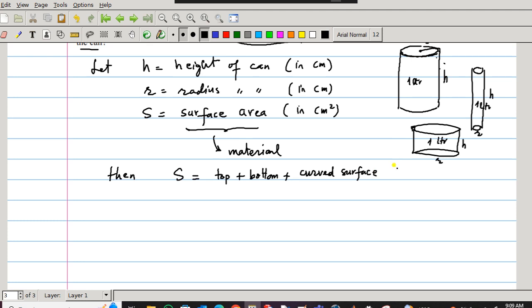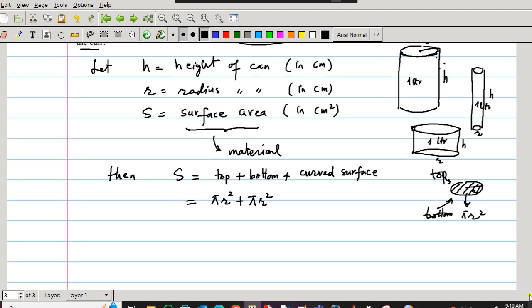So the top and bottom both have area pi r square because they both are circles with radius r. So what is the area of this circle? Top and bottom, pi r square. Cylinder has the same top and bottom.